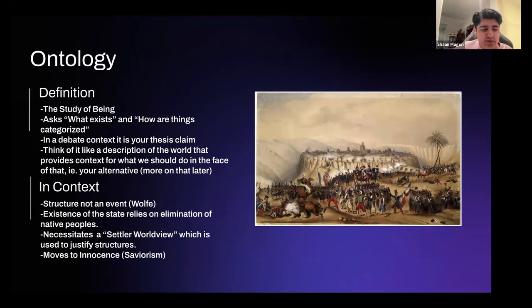You can look at historical examples, like every time the United States in the past displaced indigenous peoples, it said, hey, but we're giving you new land in this other place. But that always resulted in things such as the Trail of Tears, where thousands died and were displaced. So you can never really help them. The state itself can never really help them, and anything it does will always just be a quote move to innocence.